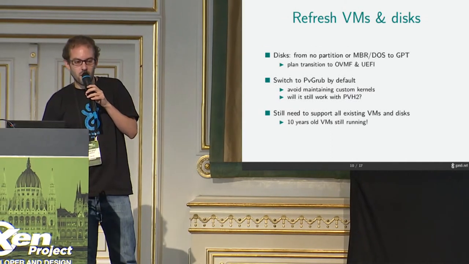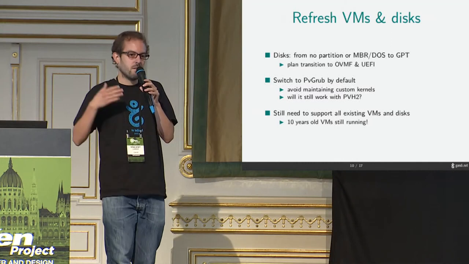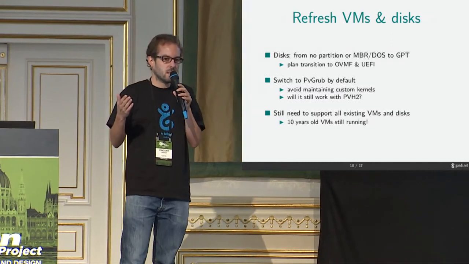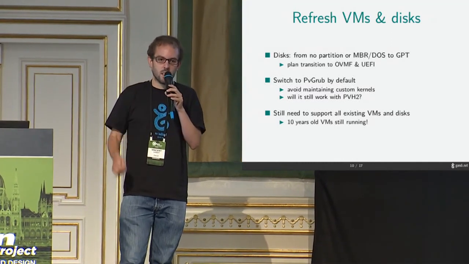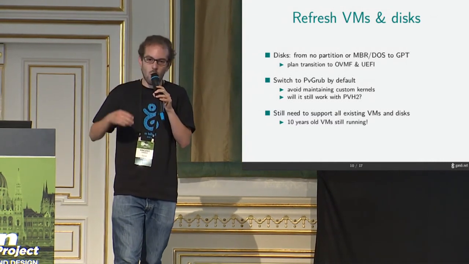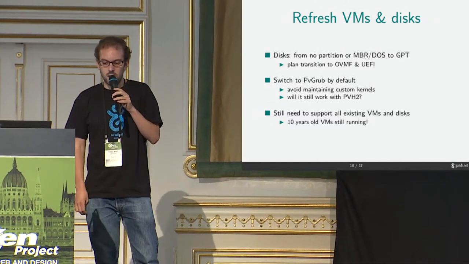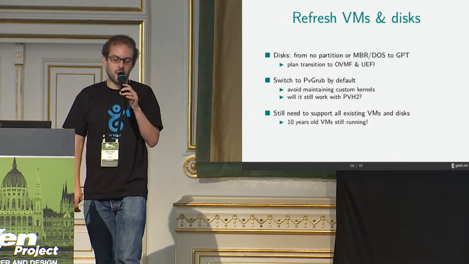And with that, we still need to support old VMs, so the VMs, or at least the disks, which were created like 10 years ago or in 2008, we still want to be able to boot them, so with a whole disk partition table, and this can be quite old, but we still want to support this kind of VMs.